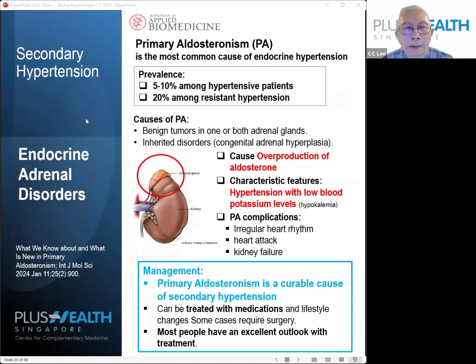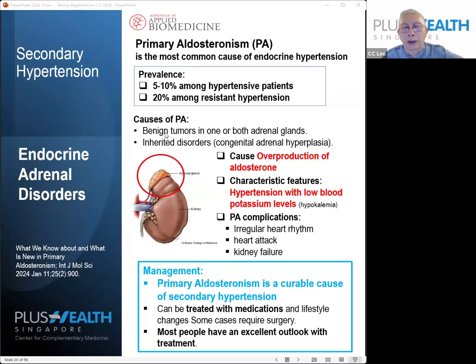Okay, now the other secondary cause of hypertension is endocrine disorder. What is this? We call it primary aldosteronism, PA. This is the most common cause of endocrine hypertension. Very common because of your endocrine disorder problem, and very often this is because of some benign tumors in the underlying glands, or some inherent congenital endocrine disorder itself.